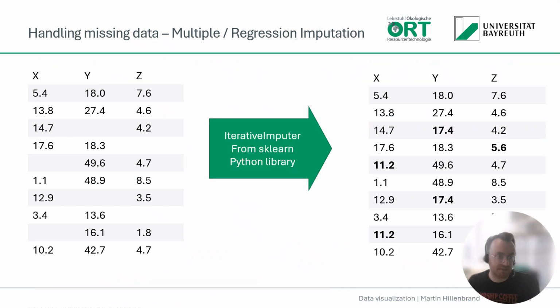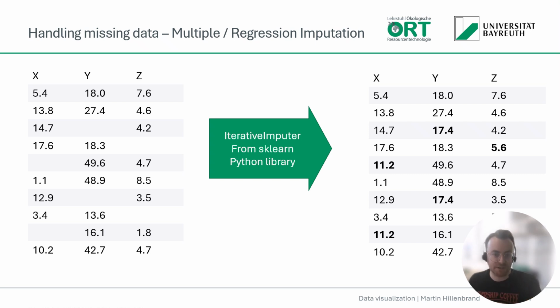This is an example here of closing data gaps on the left side with a regression-based model, using the iterative imputer from the sklearn Python library. You see that the closure of the data gaps is way better than using just average values. You can also do the calculation by hand and look at what values you would have chosen.